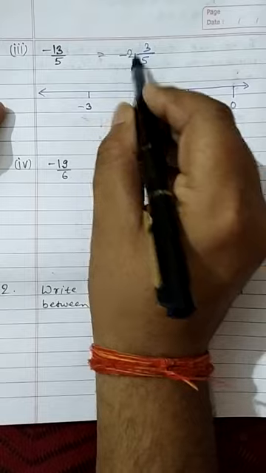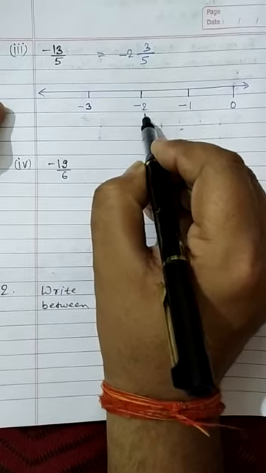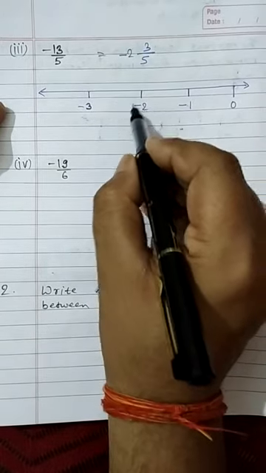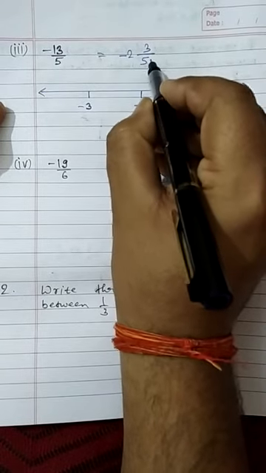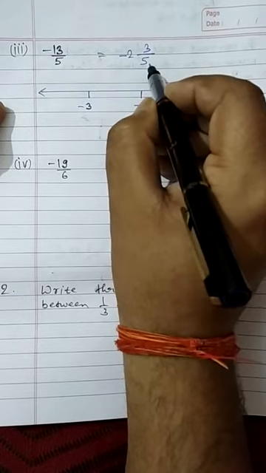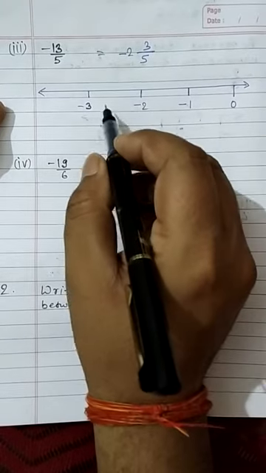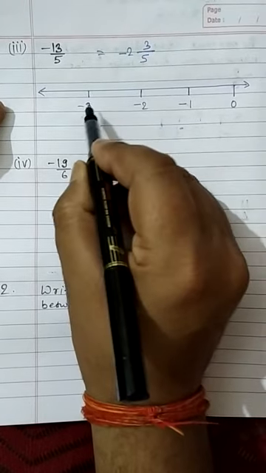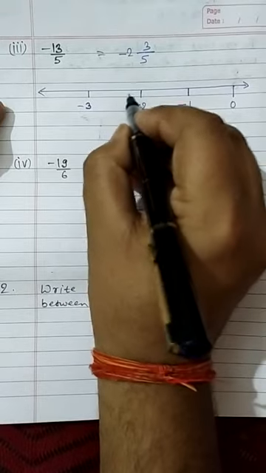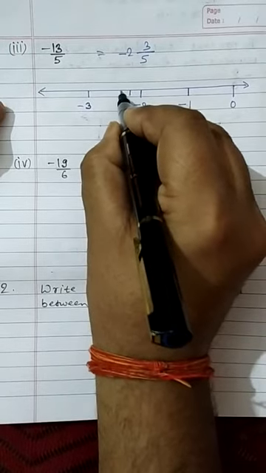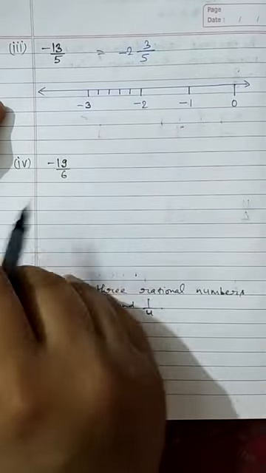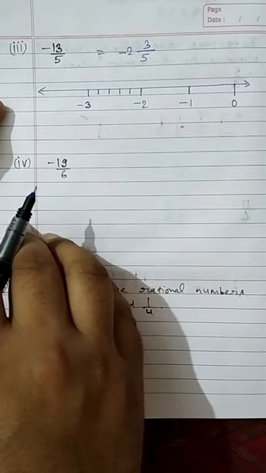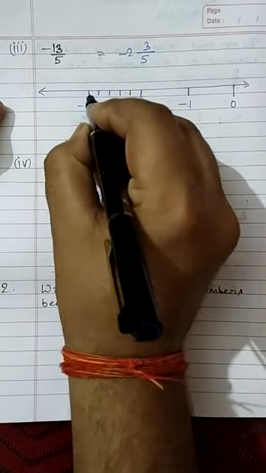So this is minus 2 and 3 upon 5. This minus 2 is this. Minus 2 is whole, and after that we have to represent 3 upon 5. Now denominator has 5, so we will mark here 4 equal ticks between minus 2 and minus 3. 1, 2, 3, 4. On marking 4 ticks here, now we have 5 equal sections.